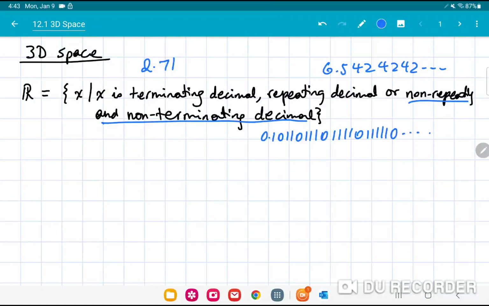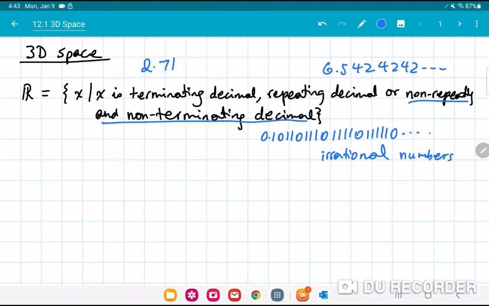Okay, this is a non-repeating, non-terminating decimal. It doesn't stop, and it's not really repeating. It has a pattern. So these are irrational numbers, okay? So the set of real numbers contains all of these.